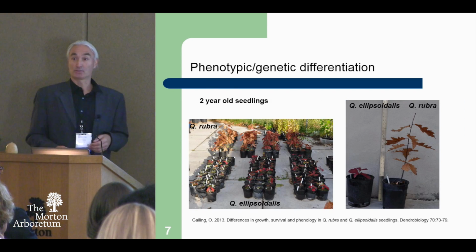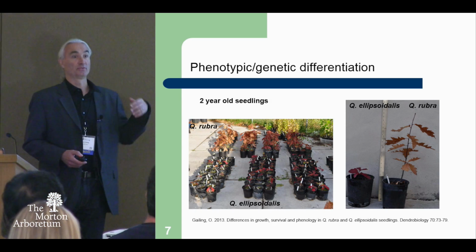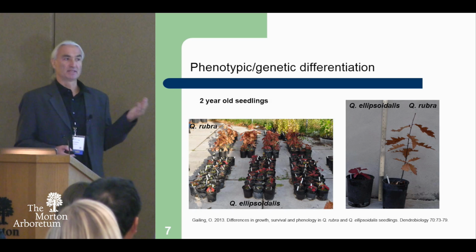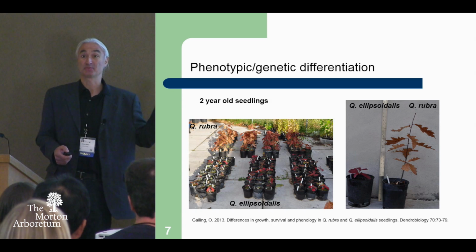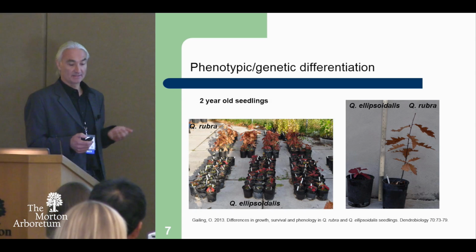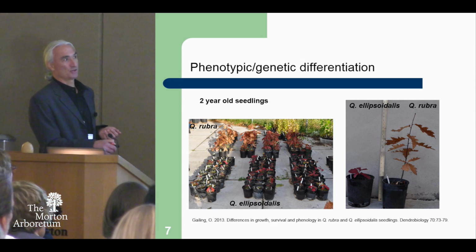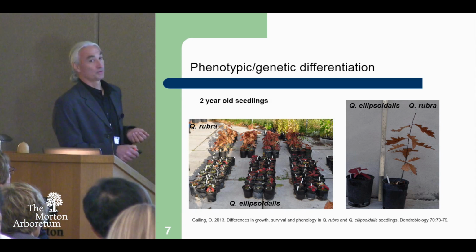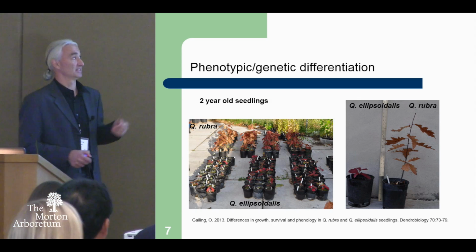So we collected seeds from these neighboring populations of northern red oak and northern pin oak, and it appears they are not only morphologically different in different environments. If we plant them randomized, here they are sorted by species, but earlier they were randomized, we see there are pronounced differences in even-aged seedlings in size.